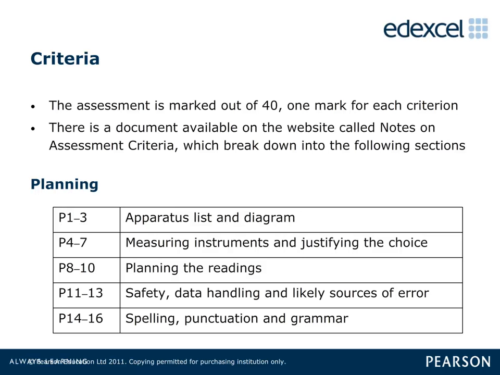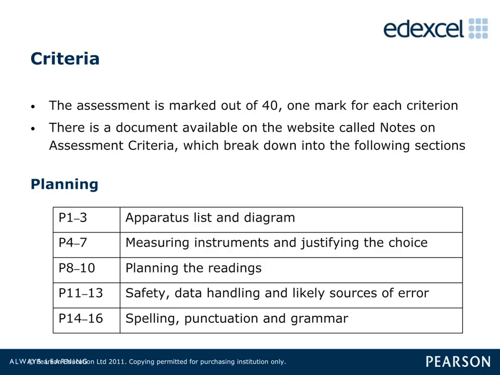Before we look at the criteria individually, we will look at the subgroups into which they can be divided, as this makes them easier to consider. P1 to 3 should be complete enough so that a lab technician could put out the apparatus and set it up with no further instructions.